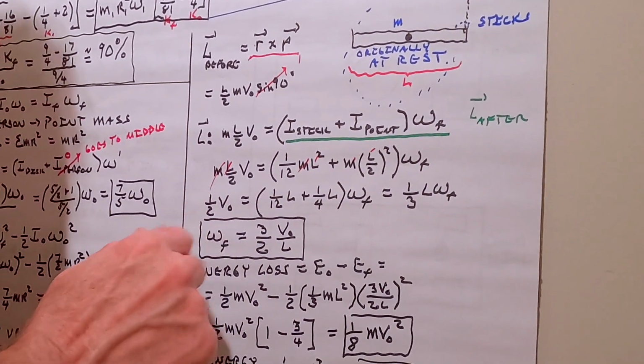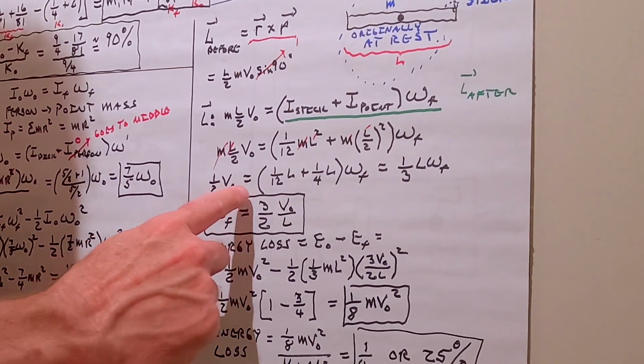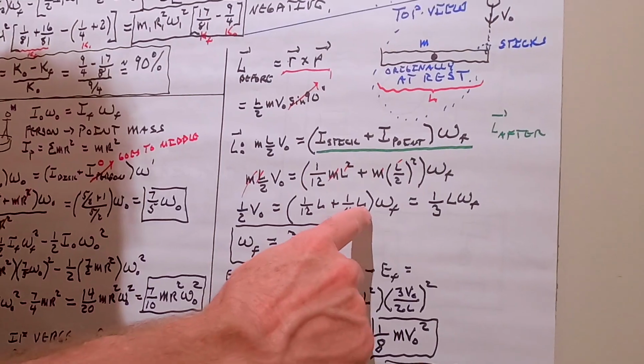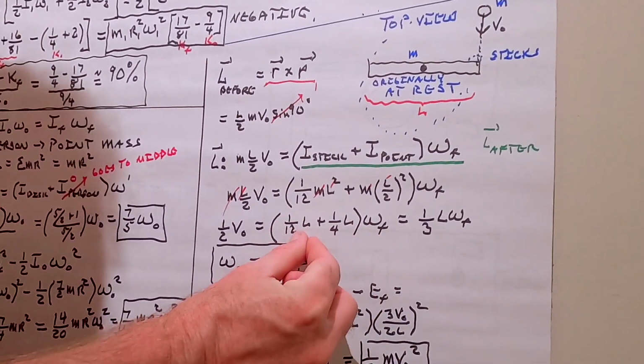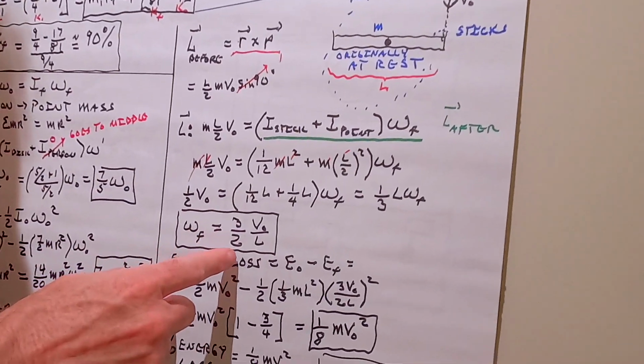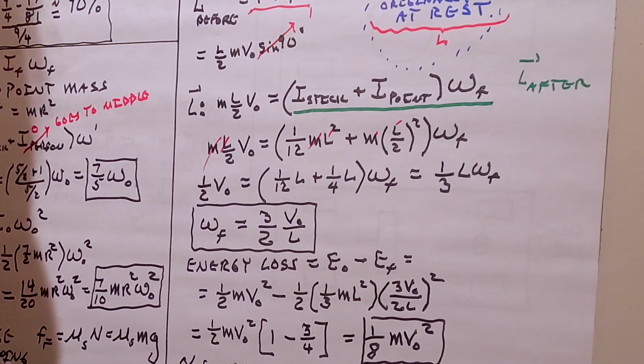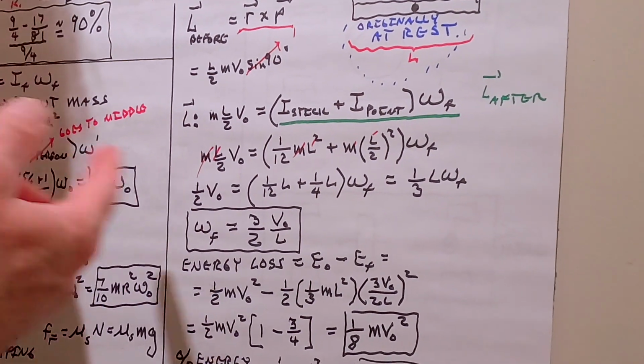So then I just canceled an m, canceled an L, and we're just left with v naught equals 1/12 L plus 1/4 L times omega final. I can combine these two, which is 1/3, and then bring the 3 over to the other side. So there is the omega final, how fast this thing will be spinning afterwards.